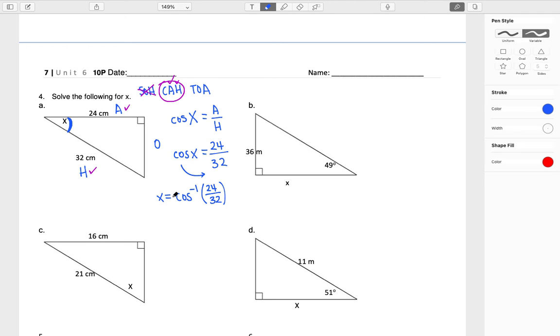So you can do all of this in one step. Second button, cosine, or some people it will be shift, and then bracket 24 divided by 32, and you will get x is equal to 41 degrees in whole number.